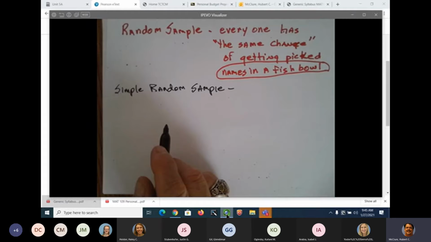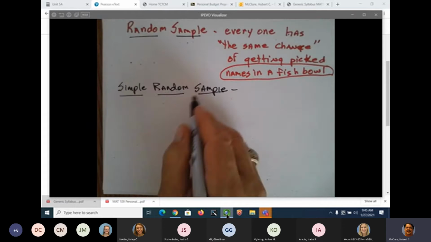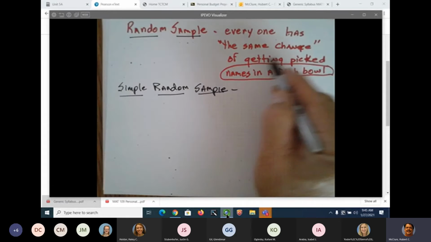Once you understand my definition, then you can look back at the wordy definition and it'll make more sense to you. A simple random sample is the same thing here, only it's a blank that has the same chance of being picked.